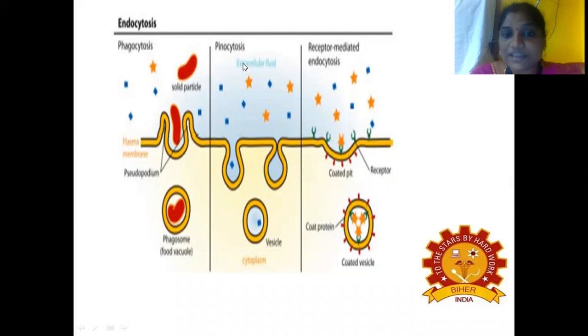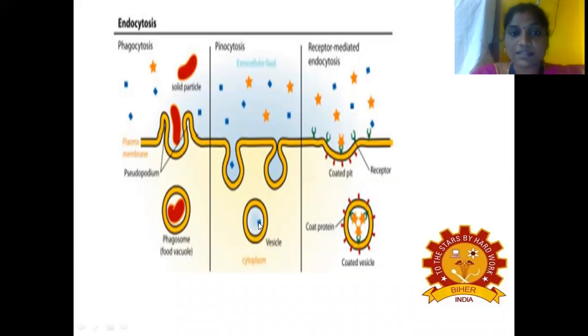In pinocytosis, fluid is taken into the cell. Here the extracellular fluid is present, and the cell membrane is folded inward to take the fluid inside the cell. It forms a vesicle, and this fluid is taken inside the cell.